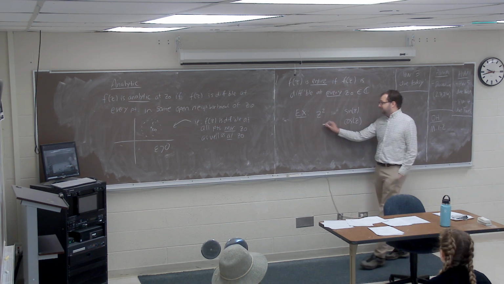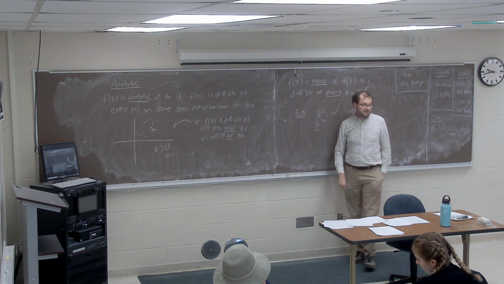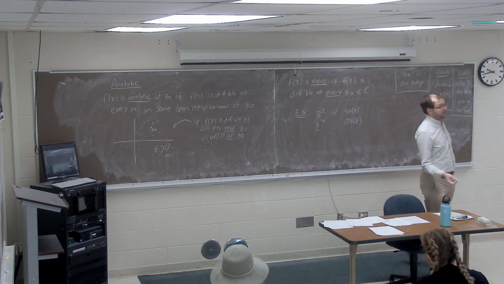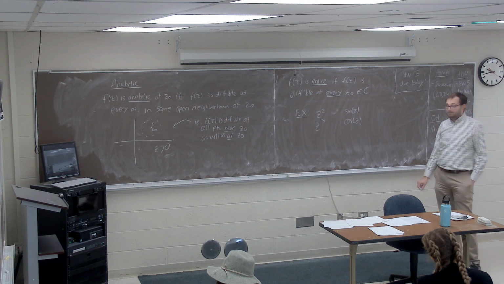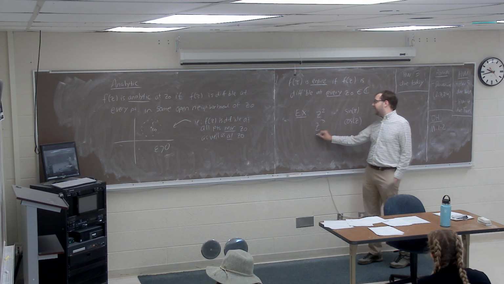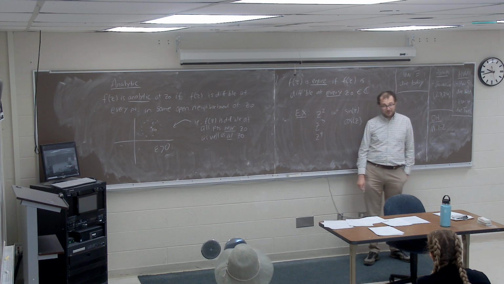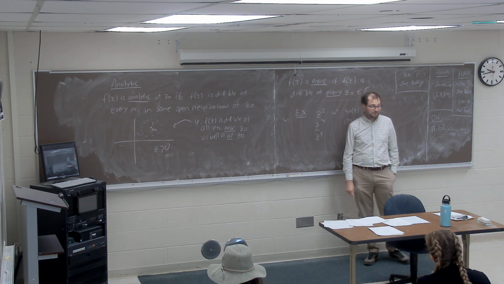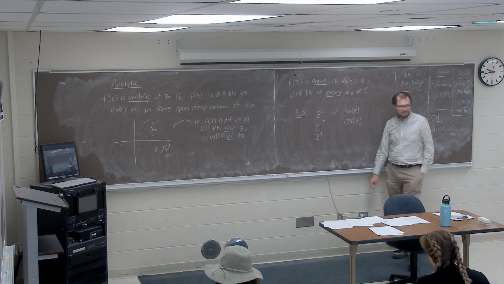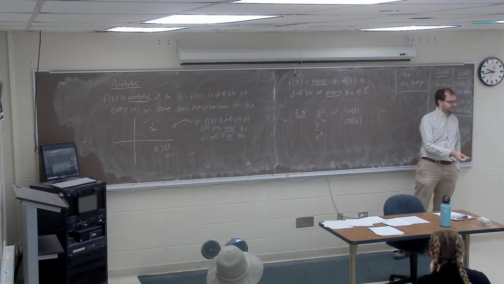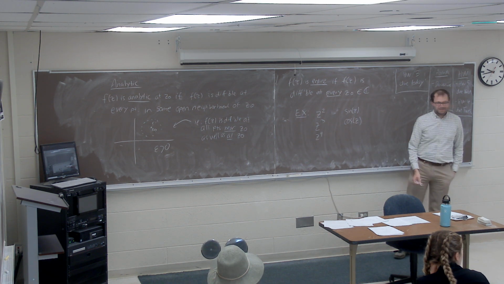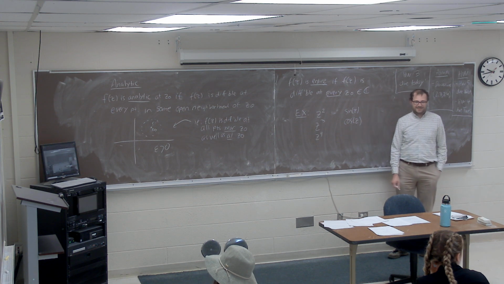Z cubed has a derivative of 3z squared, which is defined everywhere in the complex plane. Z to the 4th might also be differentiable at all points in the complex plane.